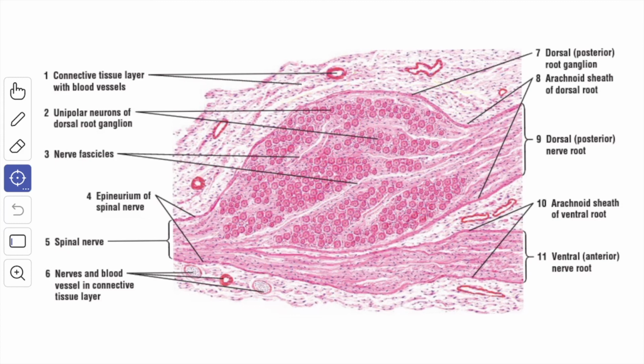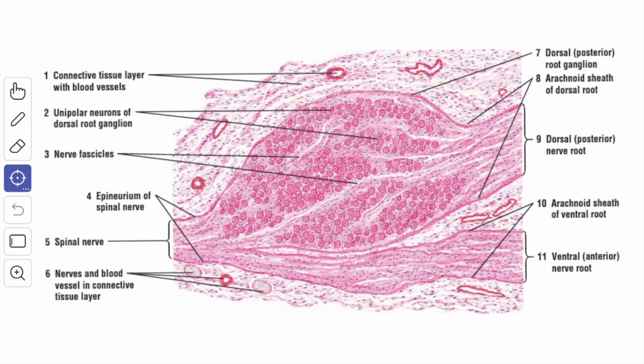The sensory ganglia are present on the dorsal nerve root of the spinal nerves, where they are called dorsal nerve root ganglia or spinal ganglia. They are also present on the fifth, the trigeminal nerve; seventh, the facial nerve; eighth, the vestibulocochlear nerve; ninth, the glossopharyngeal nerve; and tenth, the vagus nerve.